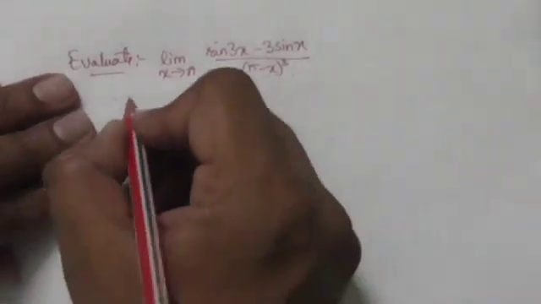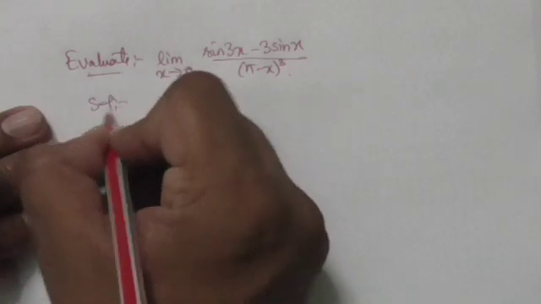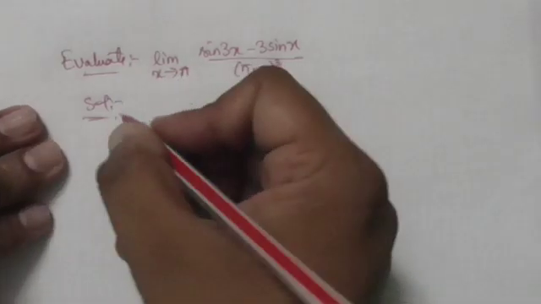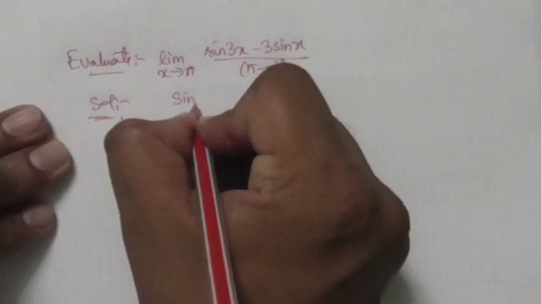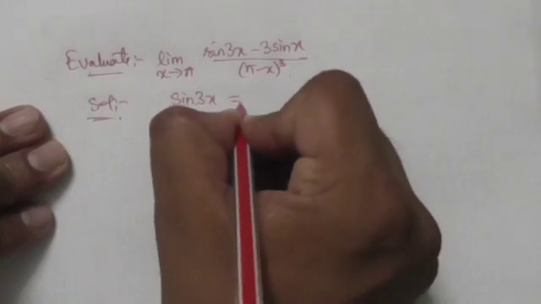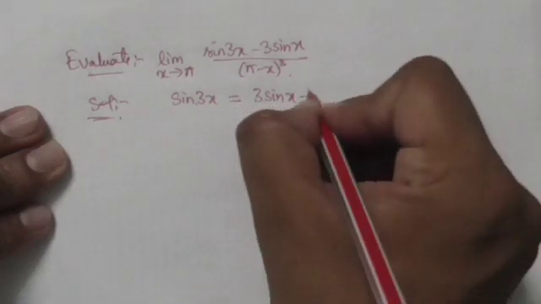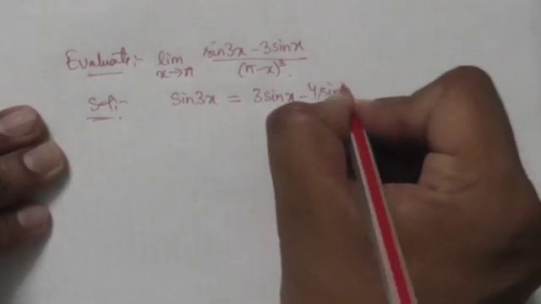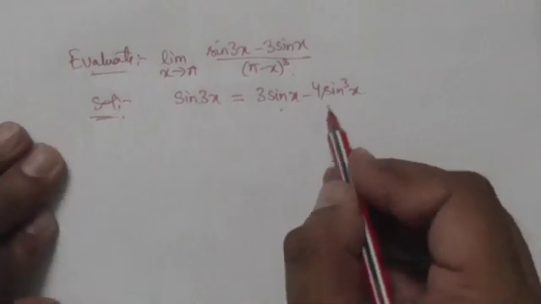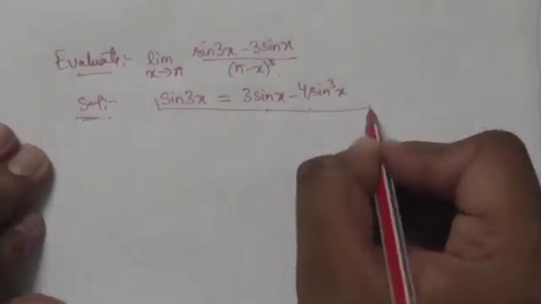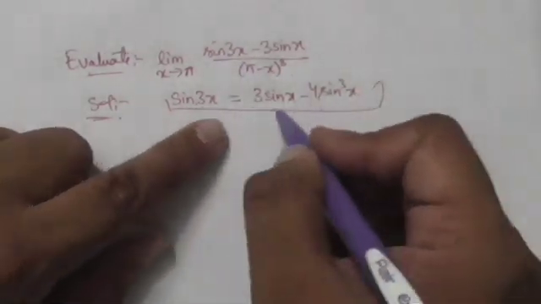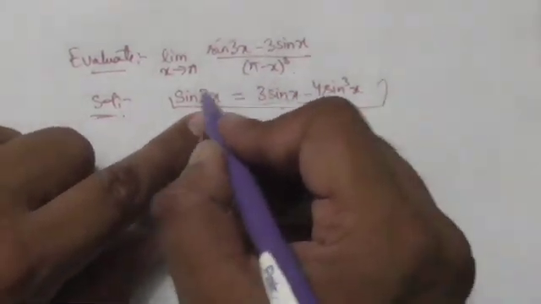Right. Now we have to solve this question. So first of all, see what is sin 3x. Sin 3x is equal to 3 sin x minus 4 sin cube x. So here we will use this formula, right? So in this expression we will substitute this value of sin 3x.